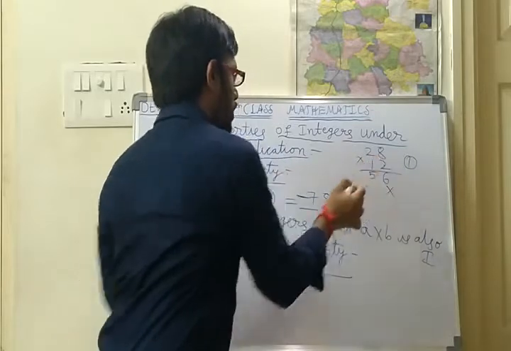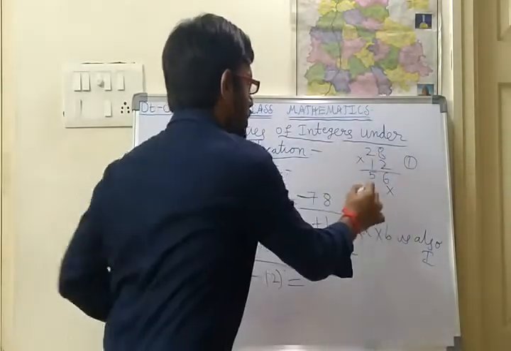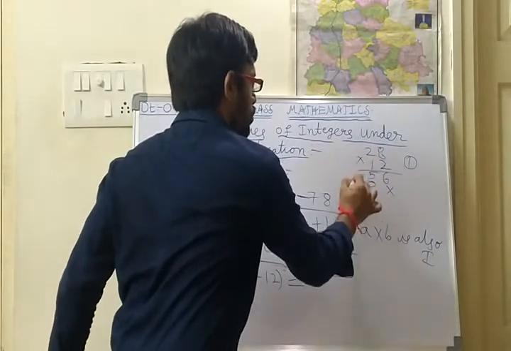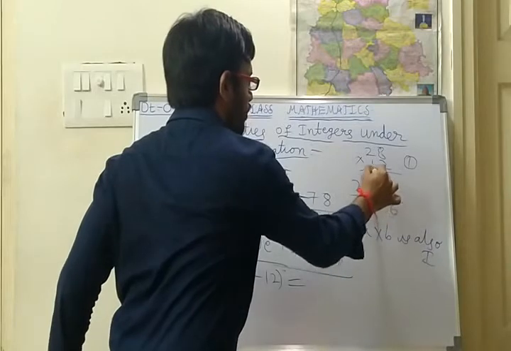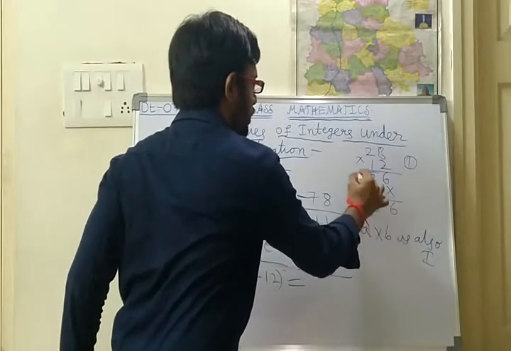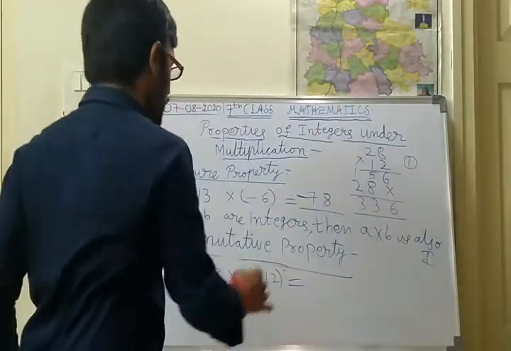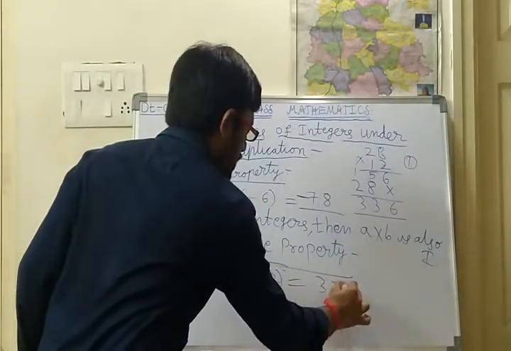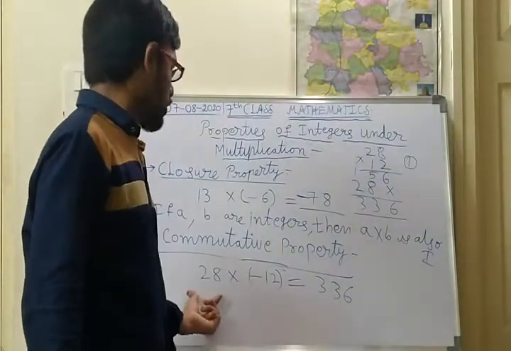Next, the ones place is completed. Next, the tens place onwards: 1 into 8, 1 into 2. So what is the total? 6. 5 plus 8 is 13. Next, 2 plus 1 is 3. So what is the answer? 336.